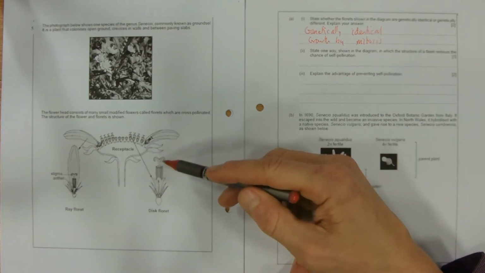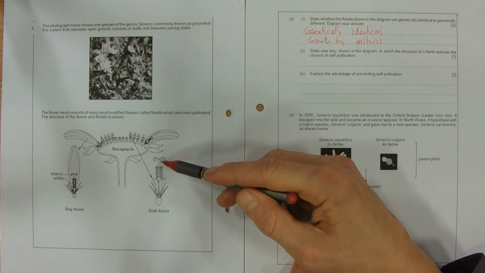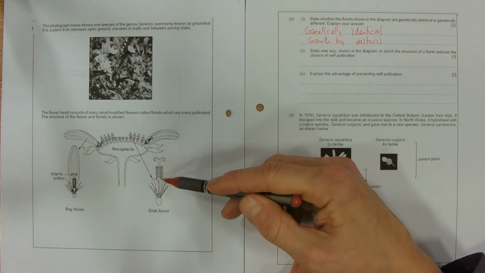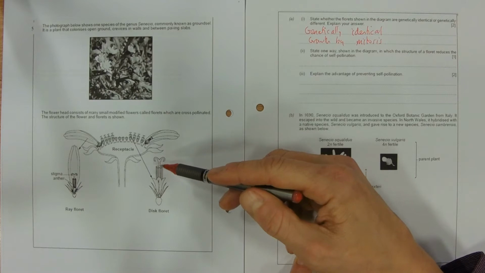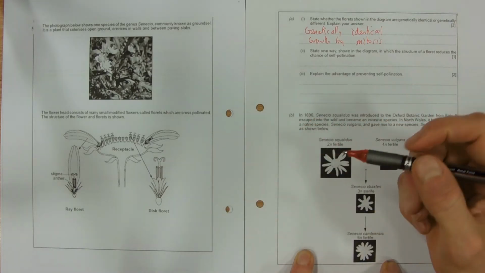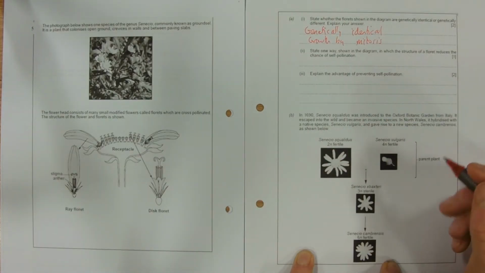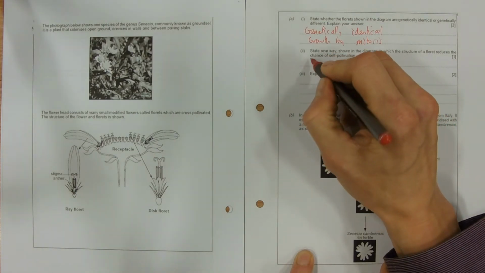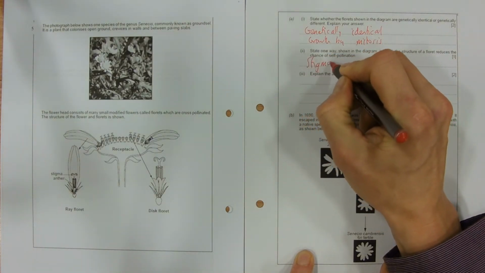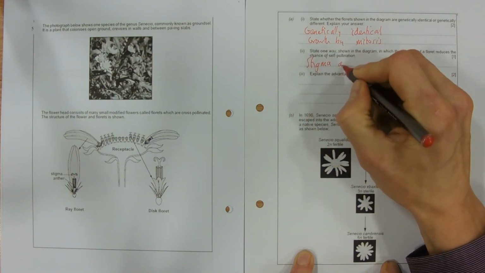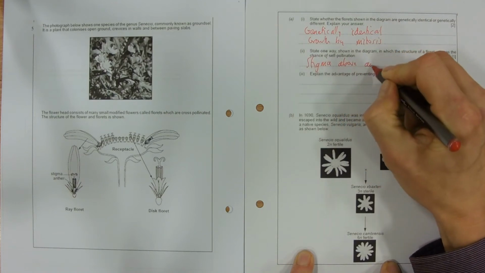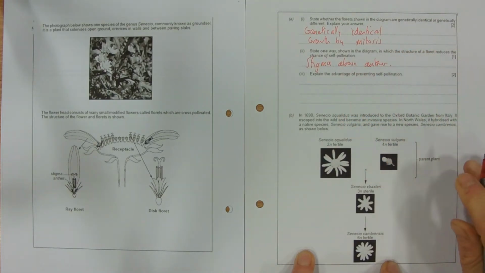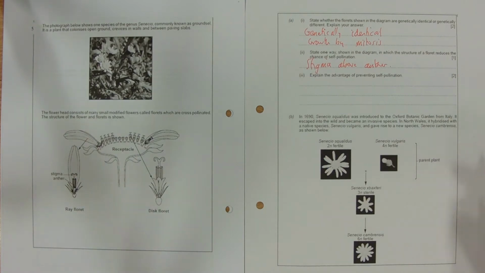And you can see here the stigmas are well out of the way of the anthers, and so the stigmas above the anthers, and so less likely to be self-pollinated. So stigma above anther, they're not at the same level. It's not enough there to say different heights. You need to sort of get which one's which.